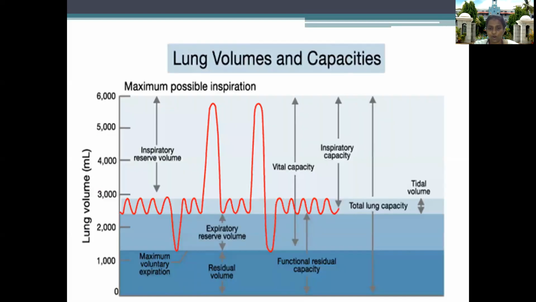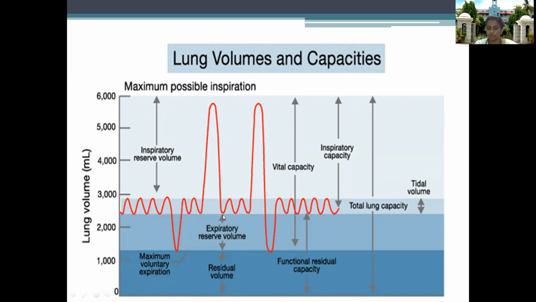To recap on what a residual volume is, this is the classic diagram showing the lung volumes and capacities. Here in the middle, we have tidal volume, which is the volume during normal inspiration and normal expiration.